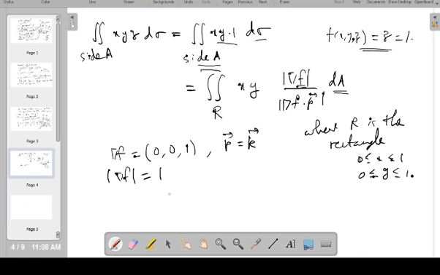What is del f dot P? K vector is the same as 0, 0, 1. So del f dot P is again 1. So norm of del f dot P is also equal to 1.